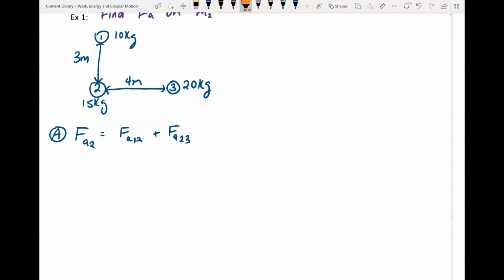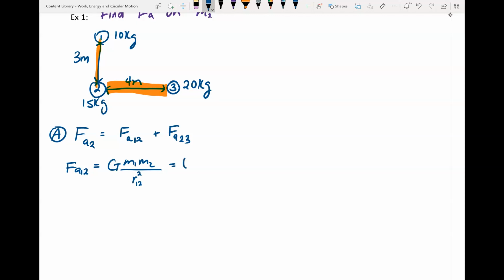So I'm looking at this portion and this portion. So let's find FA from 1 to 2. That's G times M1 times M2 all over the distance between object 1 and 2 squared.